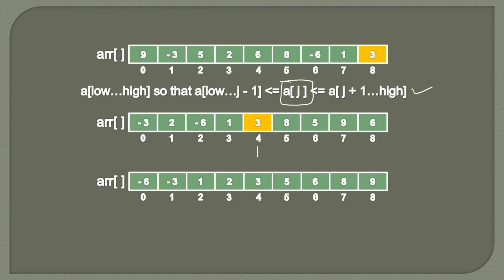So here if you see, 3 was our pivot. After partitioning it came at index 4. And if we sort this array, you will see that in the sorted array, the pivot doesn't change its index. It will still be at index 4.